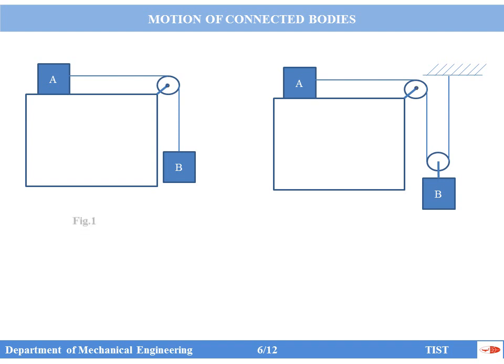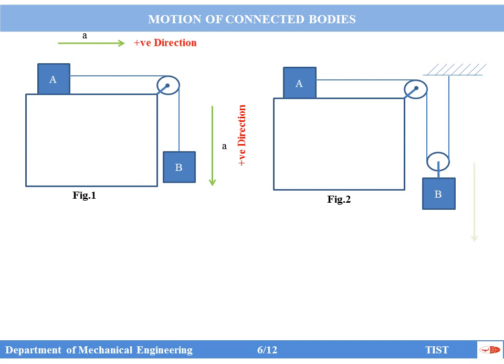Now in figure 1, the acceleration of body B is in the downward direction, its value is A. The same value of acceleration happens to body A. So the magnitude of acceleration of body A and B in figure 1 is the same. The positive direction of B is downward, and the positive direction of A is the right hand direction.